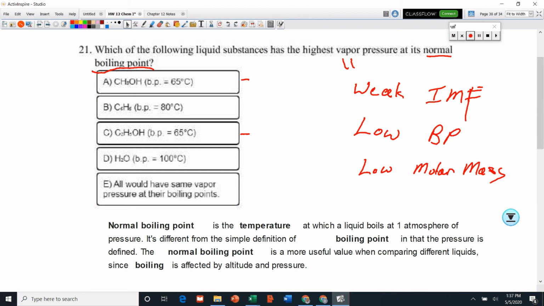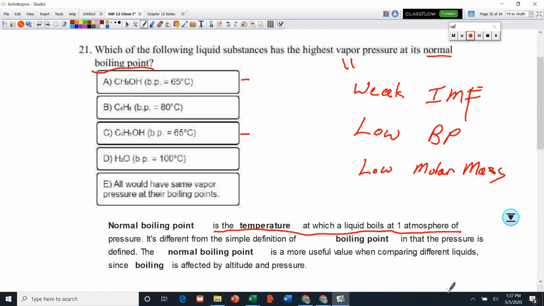So again, the thing that you need to look at here is the temperature at which a liquid boils at 1 atmosphere of pressure.